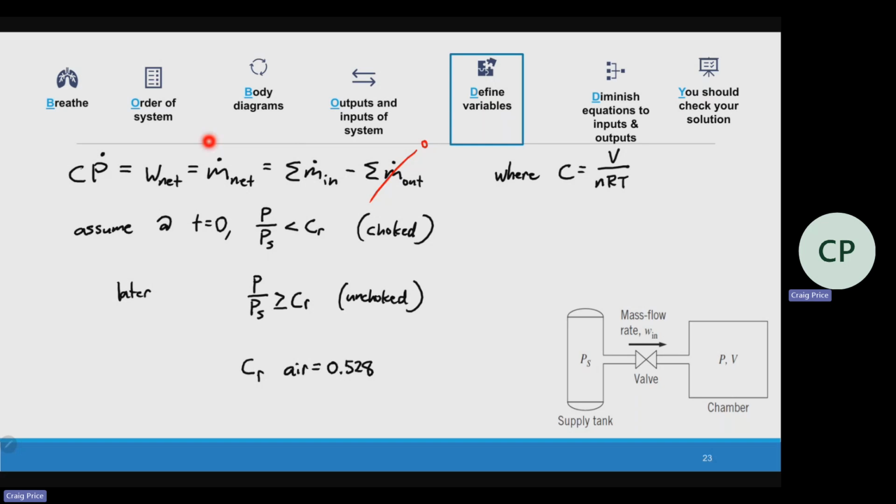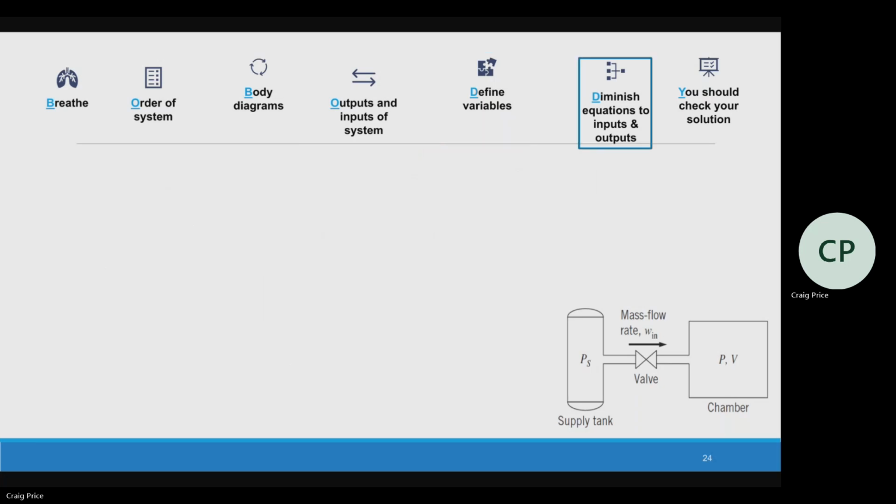So, like I talked about before, I'm actually going to create two different equations for this. One of them is going to be somewhat nice. The other one is going to be very nonlinear. That's the unchoked flow. So two different conditions, we're going to put it together. I'm going to go to the next slide, and I'll draw this all out. And there it is.